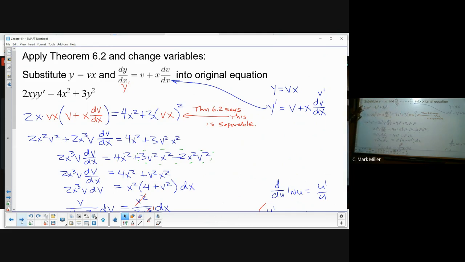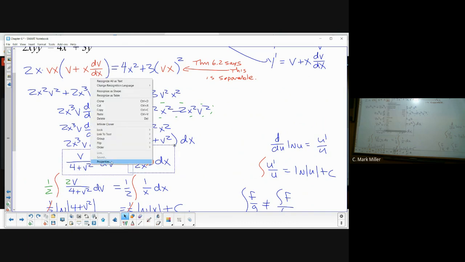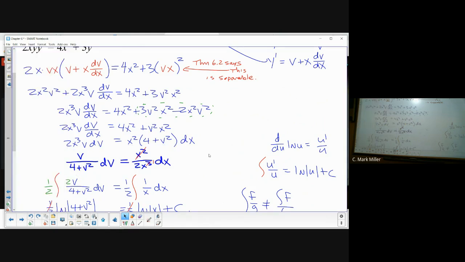You plug those in, and you have an ocean of algebra. But remember what your goal is. Your next main step is right here. That is your next key step. Because you're separated, right?